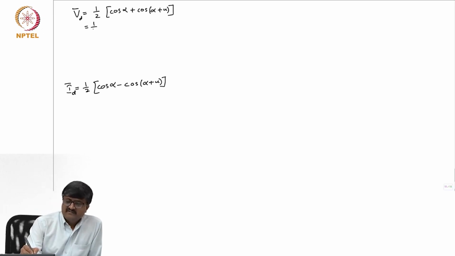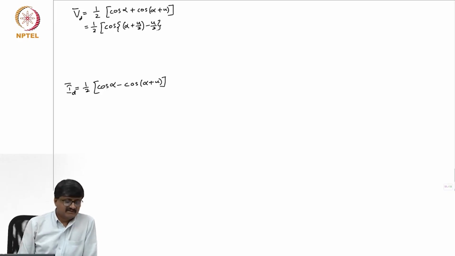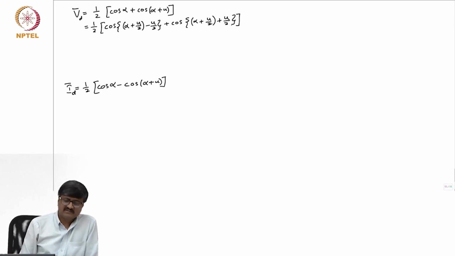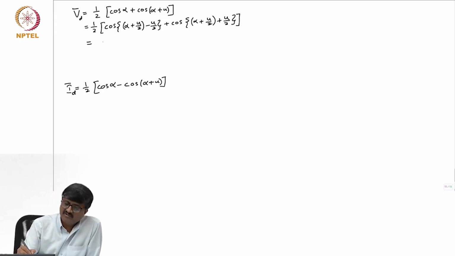So I'll write this as half cos alpha as alpha plus u by 2 minus u by 2. Similarly, I will write the second term as cos alpha plus u by 2 plus u by 2. So this can be shown to be equal to cos alpha plus u by 2 into cos u by 2.